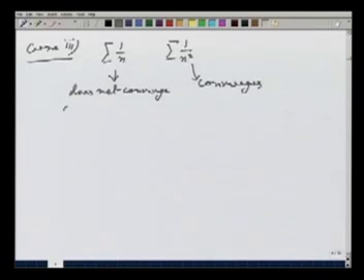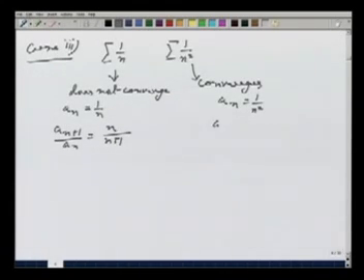What is an here? An equals 1 by n. And here an equals 1 by n square. Then what is an plus 1 by an? That is n by n plus 1. Here an plus 1 by an is n square by n plus 1 square.